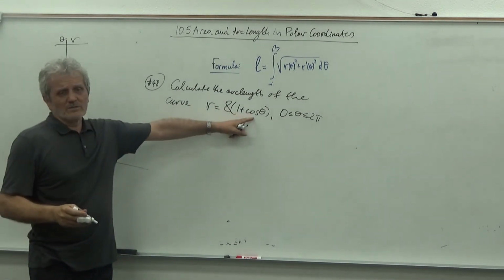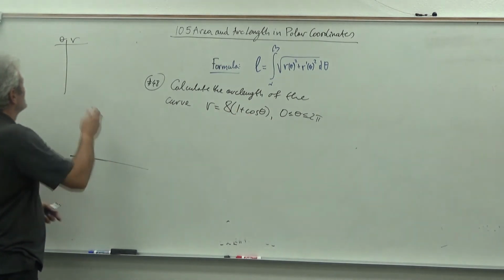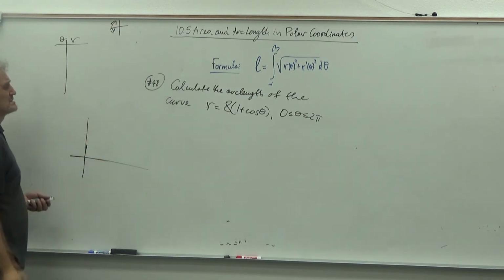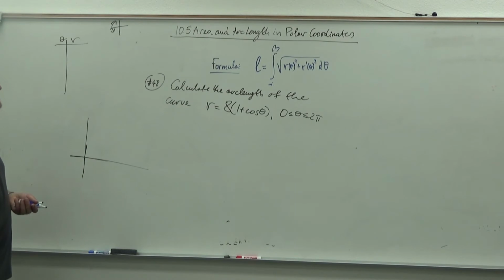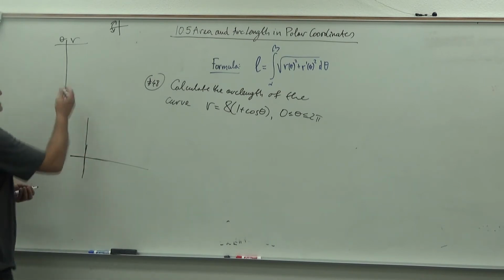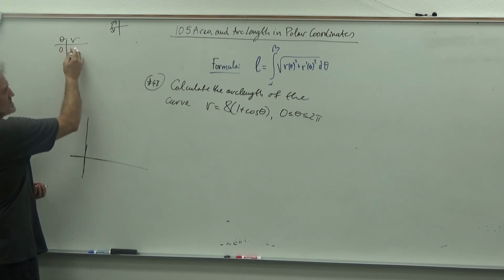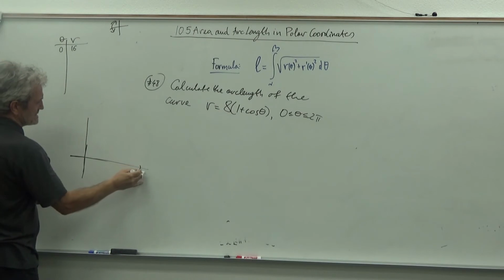First, we see that it's cosine only, so the symmetry will be up-down symmetry, because cosine is an even function. So generally, what are we going to do? Well, when theta is 0, we will get a maximum value, which is 16. So here is 16.